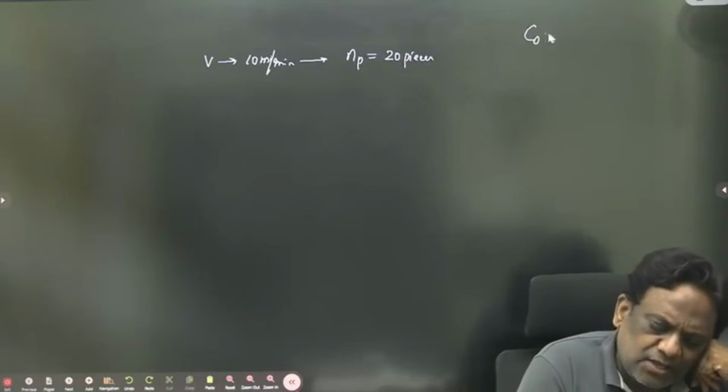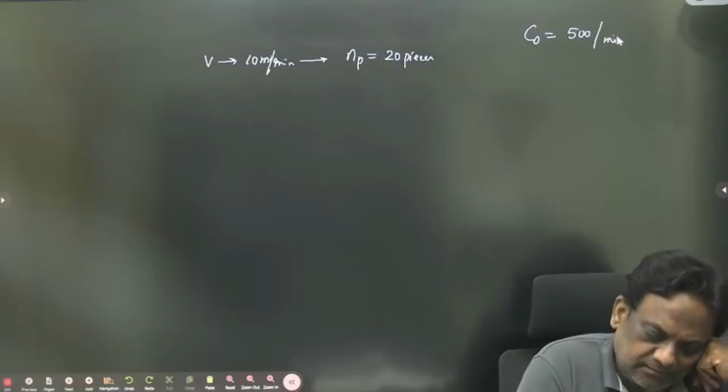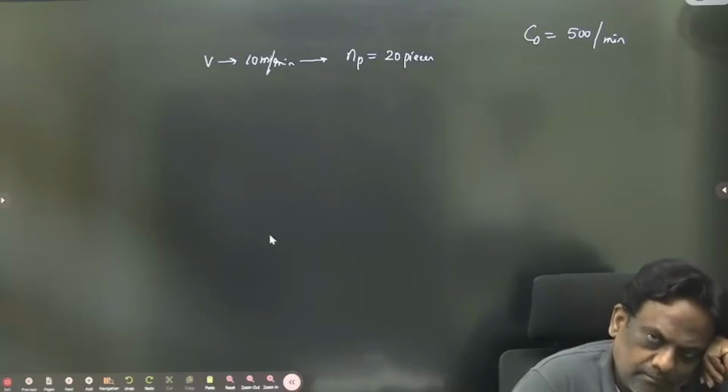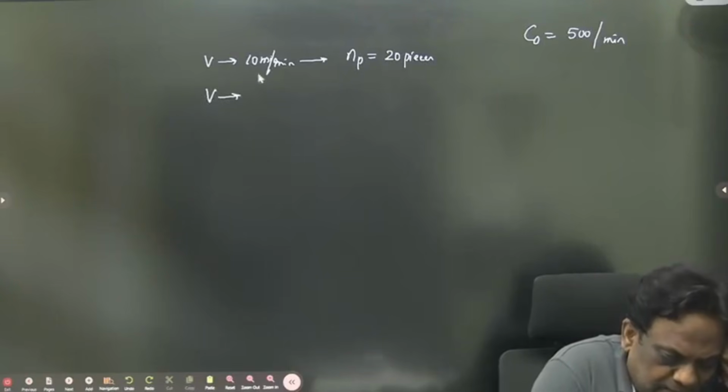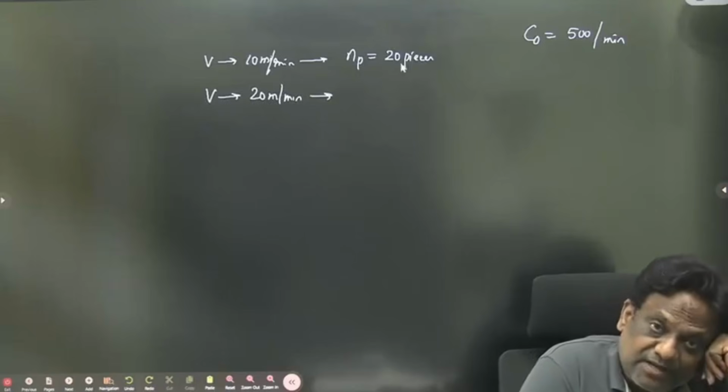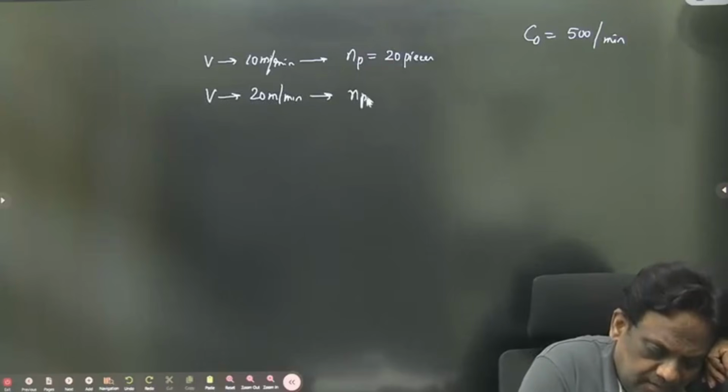And labor charge, let us say operator charge is, for example, 500 per minute. ठीक है सर? Now, when he is manufacturing at 20 meter per minute, let us say he is manufacturing some 40 pieces.